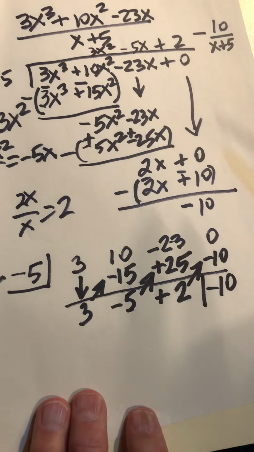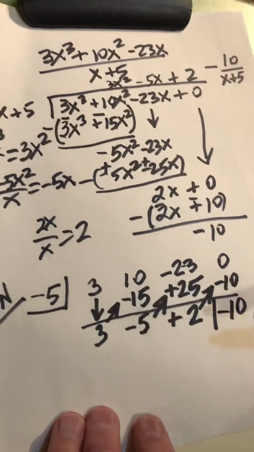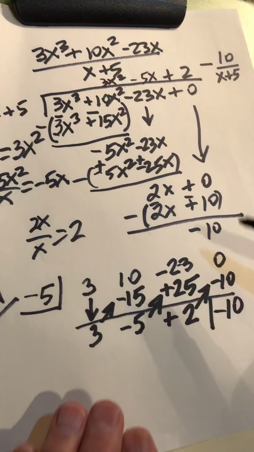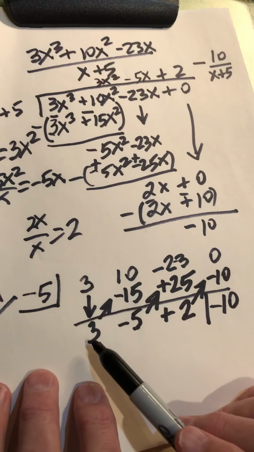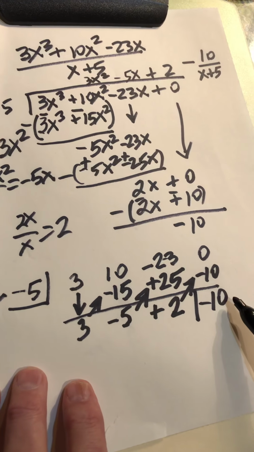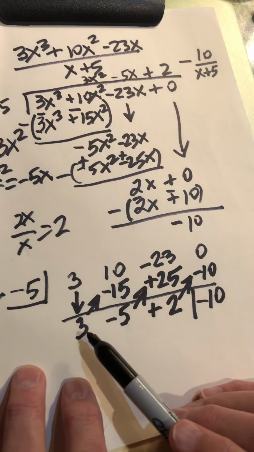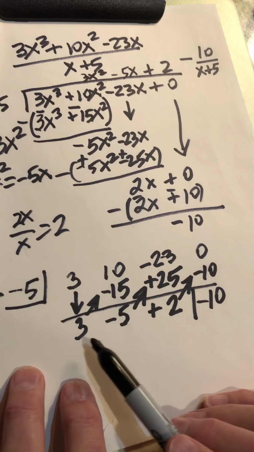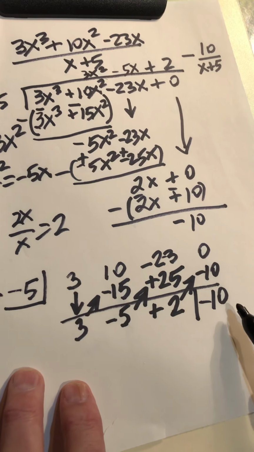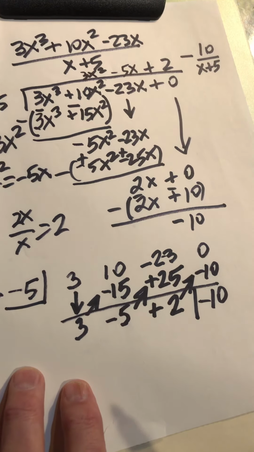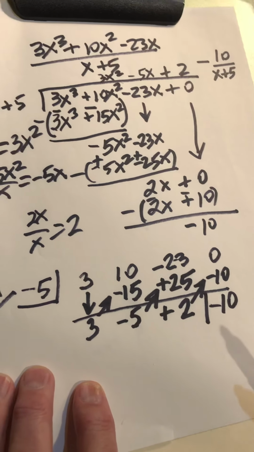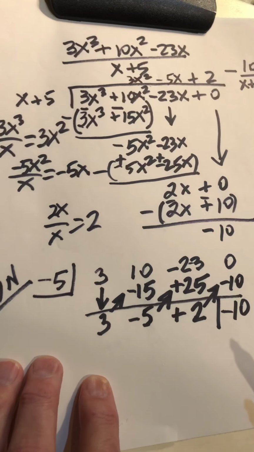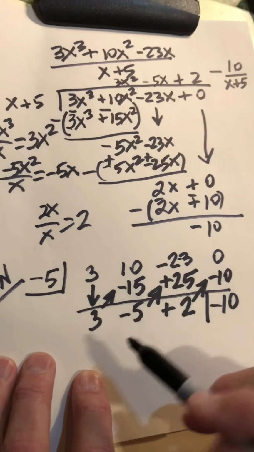By the way, you can see the similarities between these two problems because they're really the same problem, they're just done in different ways. The answer line is down here at the bottom, and it is written as just the coefficients of the answer. When you do synthetic division, the answer line is always 1 power less than the original dividend.